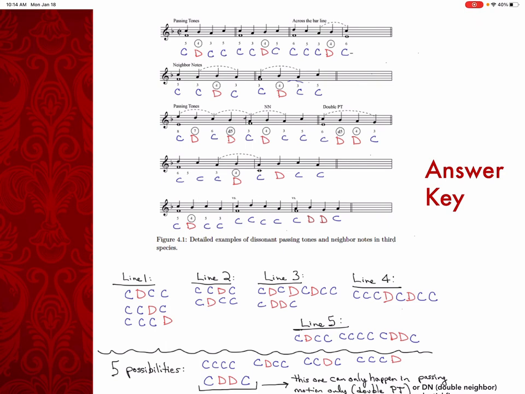And the last line, C, D, C, C, C, C, C, C, C, D, D, A. And you're like, wait a minute, you just told us up on the third line with the double passing tone that the only way to have two dissonant intervals was in a descending or an ascending stepwise pattern. Yes, I did say that. There is an exception. You knew that was coming.